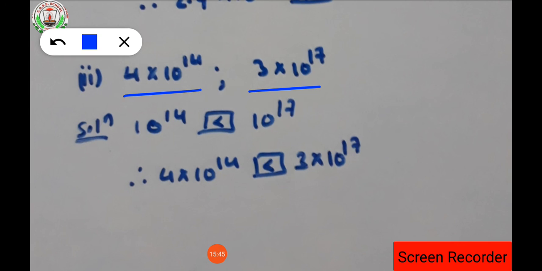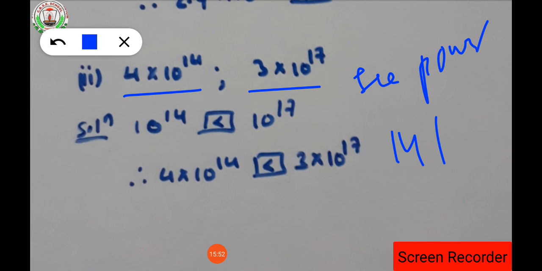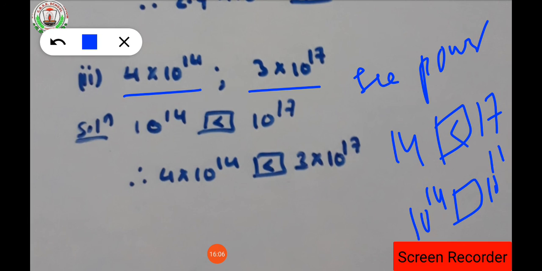Among these, first we have to look at the power. Which one is the power? 14 is the power as well as 17 is the power. So here 17 is greater than 14, isn't it? If 17 is greater than 14, that means 10 to the power 17 is a greater number than 10 to the power 14.